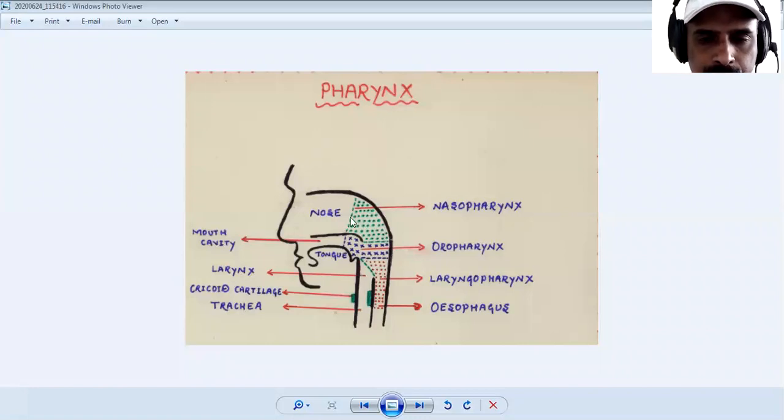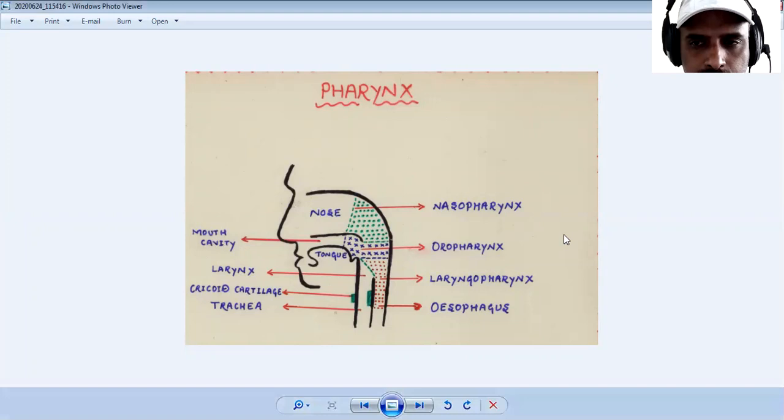Then going to the dimensions of the pharynx. The total length is about 12 centimeters. The width of the upper part of the pharynx is the widest, 3.5 centimeters, and it is non-collapsible.